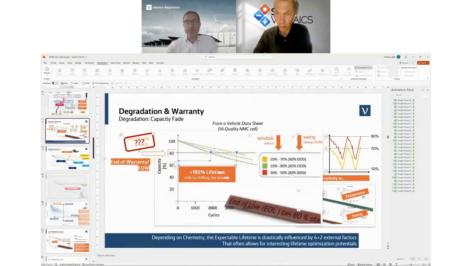The ballpark figure is for LFP and NMC: the higher the swing, the DoD, I don't like the word, the swing, the higher the swing or the window, the more problematic. But it is good if you don't go to the extremes as a ballpark figure. So instead of going, in your example, from 100 to 20, it is probably better to go from 90 to 10.